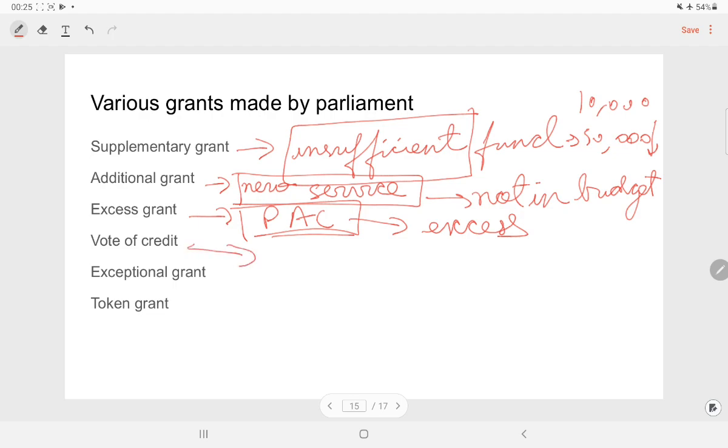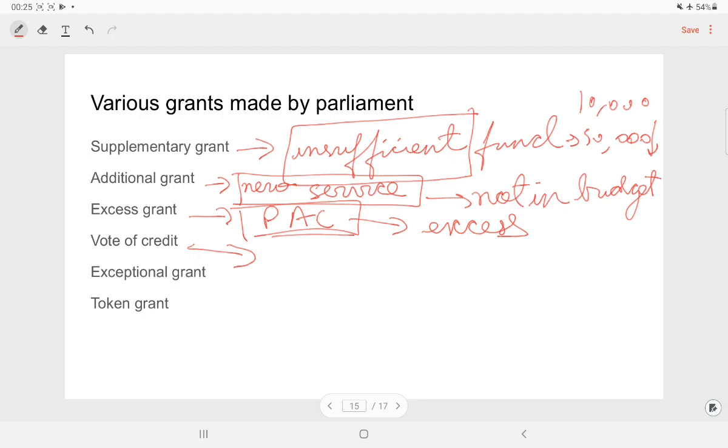After this excess grant, there is the vote of credit. What is happening in a vote of credit is that it is granted for meeting an unexpected demand, which is a draw upon the resources of India, on account of the magnitude or indefinite character of the service.